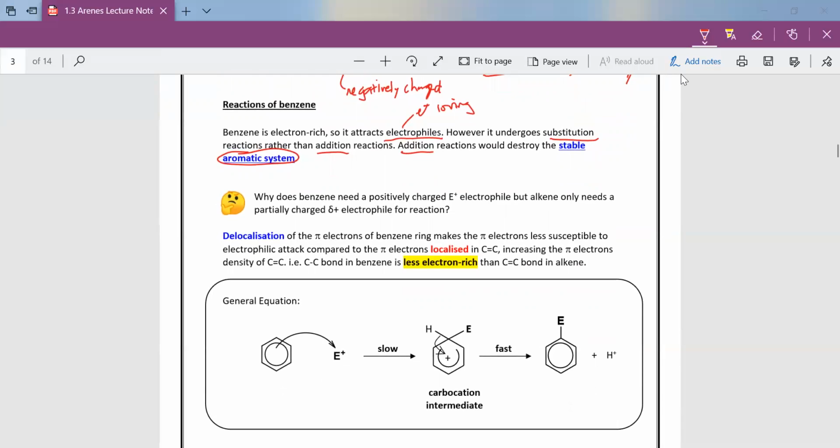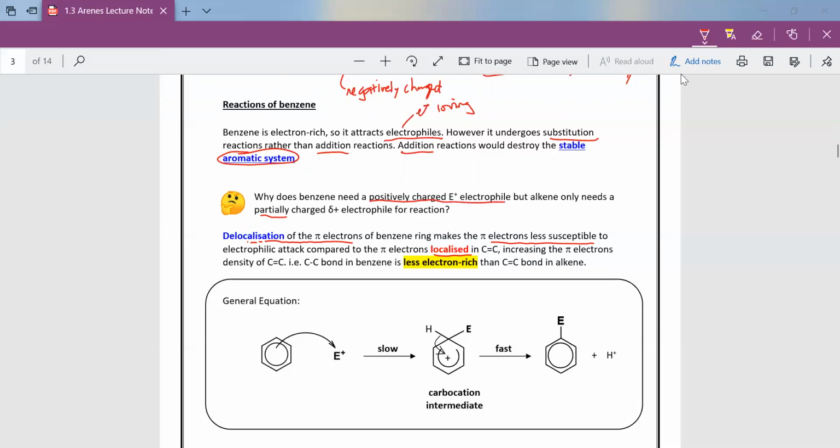Okay, so we learned in alkenes that we only need a partially charged electrophile for reaction. But the benzene ring needs a fully positively charged electrophile, not just a partially charged electrophile. Why is that so? Because when we delocalize the pi electrons, it makes the pi electrons less susceptible. It means less concentrated, not localized in between the two carbon atoms.